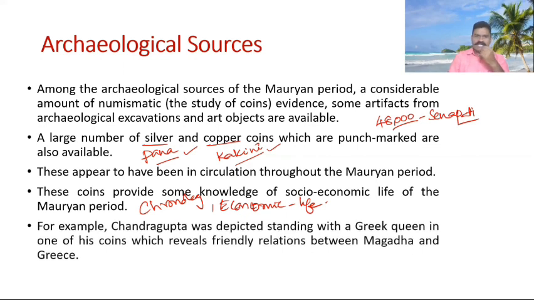For example, Chandragupta Maurya was depicted standing with a Greek queen. He issued some coins, and one of his coins depicts the Greek queen in a standing posture. That gives the information that he maintained friendly relations with the Greeks.